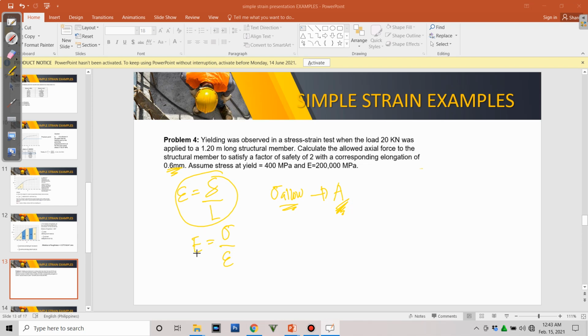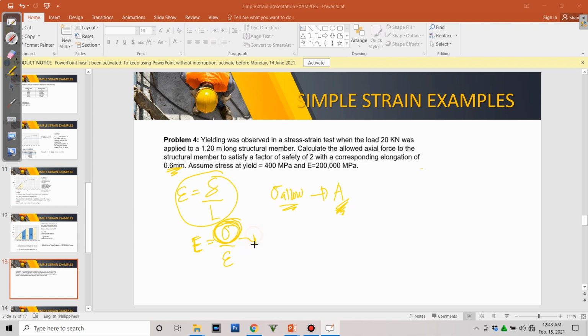Because within this limit, the material has the capability to go back to its original shape when the loading is released. What stress can we derive from here?